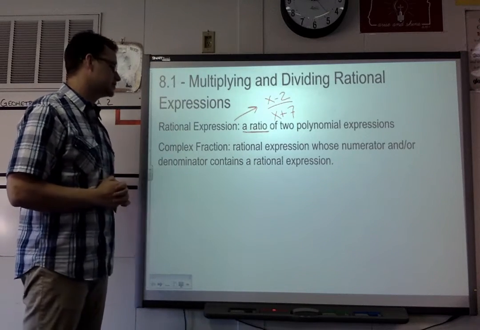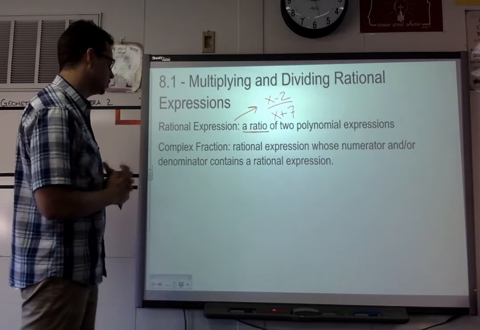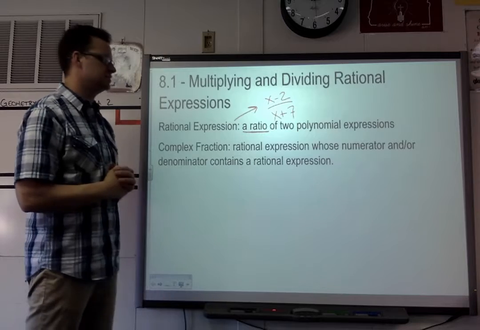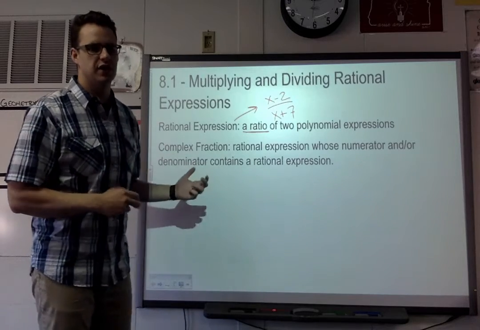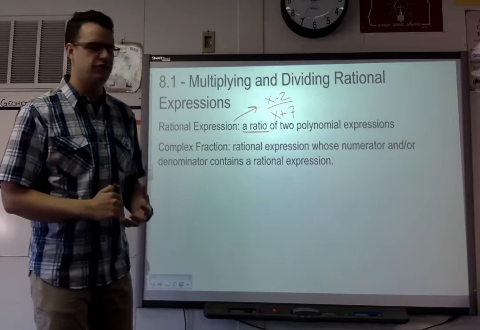A complex fraction is a rational expression whose numerator and/or denominator contains a rational expression. So in other words, a complex fraction means that we have a fraction within the fraction.